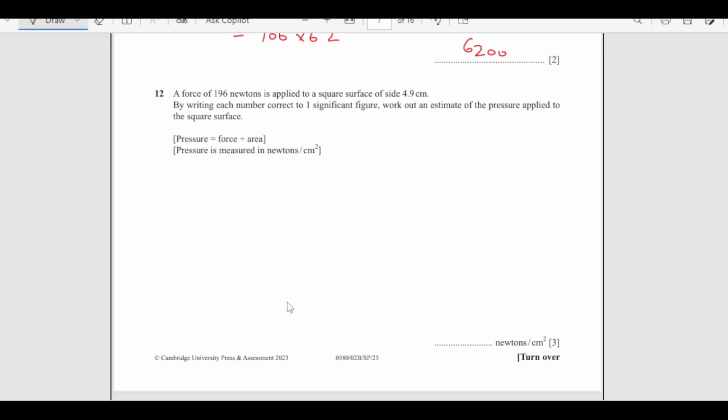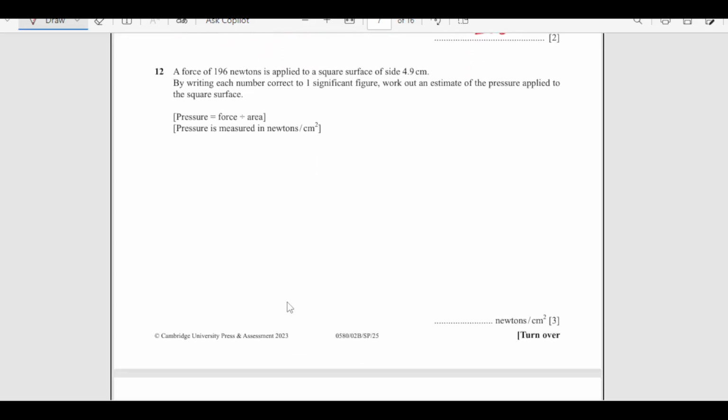Number 12, a force of 196 Newton is applied to a square surface of side 4.9. By writing each number correct to one significant figure, work out an estimate for the pressure applied to the square surface.